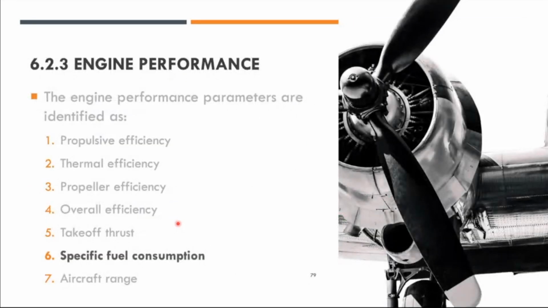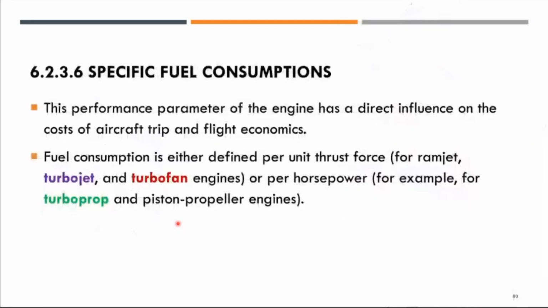Okay, let us move into the next one, specific fuel consumption, SFC. This performance parameter of the engine has a direct influence on the cost of aircraft trip as well as flight economics. So you want to make sure the specific consumption is as low as possible for your aircraft.